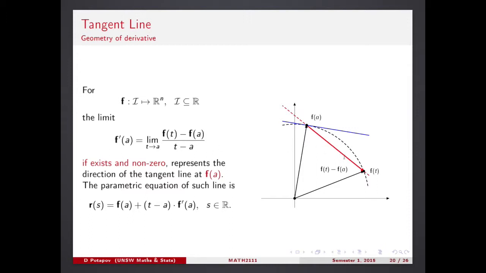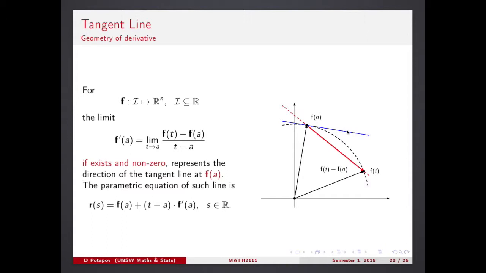The red vector, f of t minus f of a, shrinks as you push t to a, but the quotient, if the limit exists, will stay stable. That's the requirement that the limit exists. And eventually, when t approaches a, this vector gives you the direction of the tangent line.